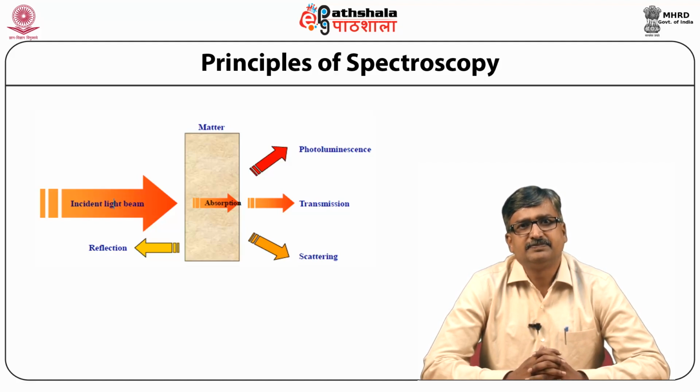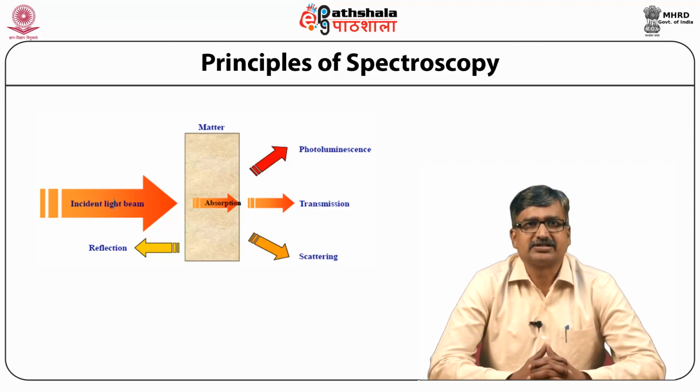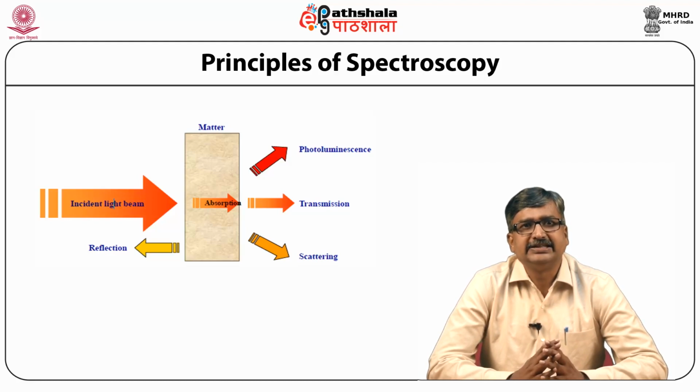In general, when matter is exposed to electromagnetic radiation, for example infrared light, the radiation can be absorbed, transmitted, reflected, scattered, or undergo photoluminescence. By doing this, you can figure out how intense light is at those various wavelengths.